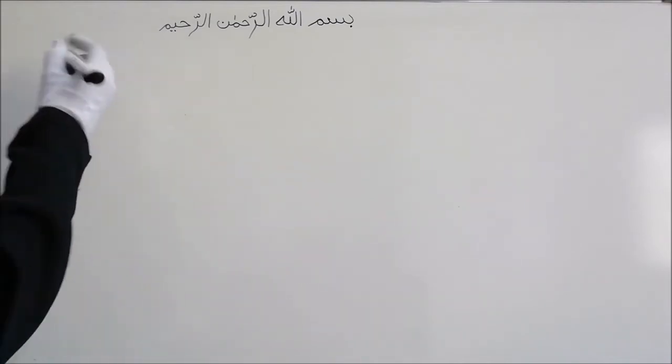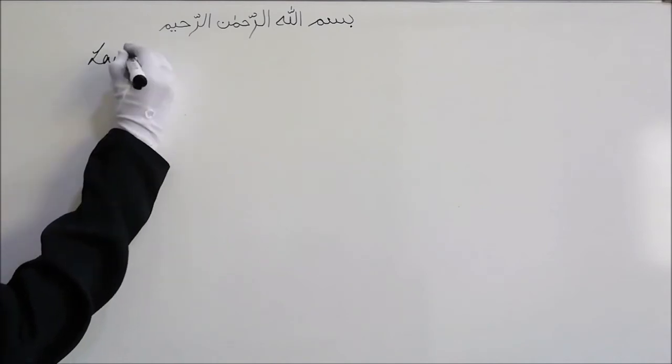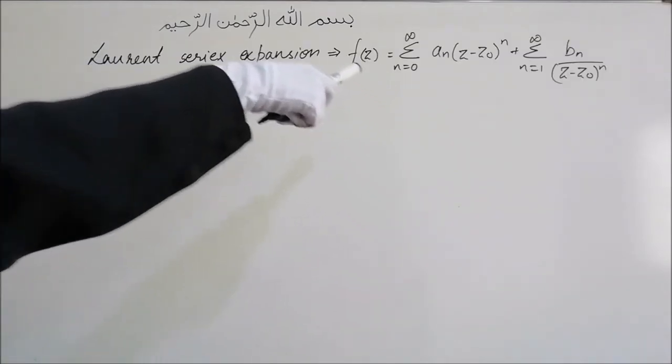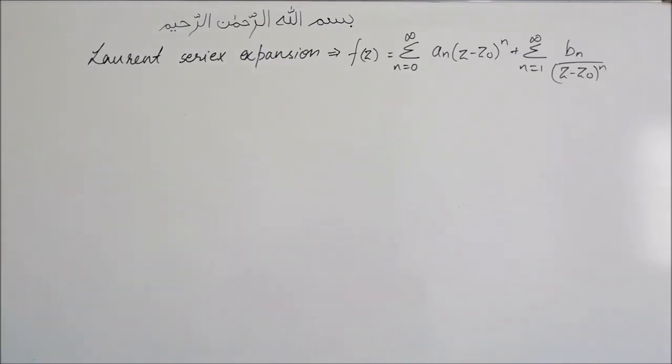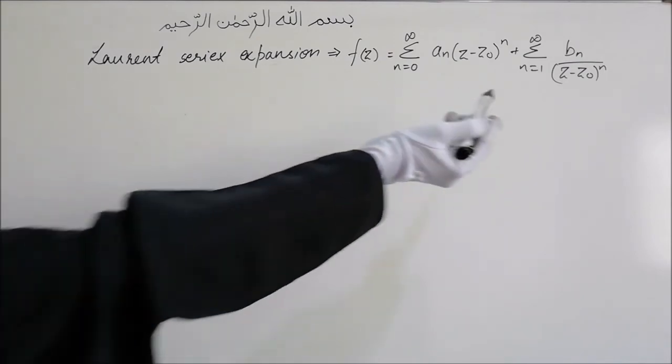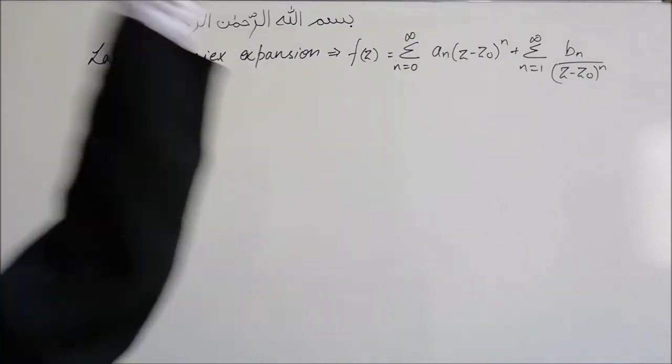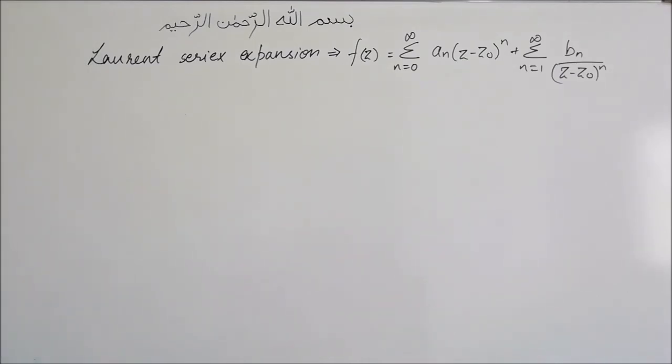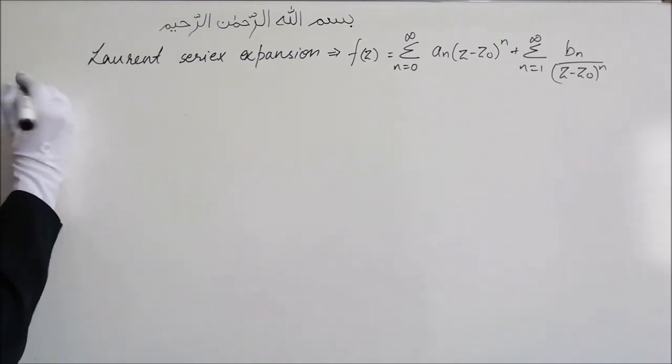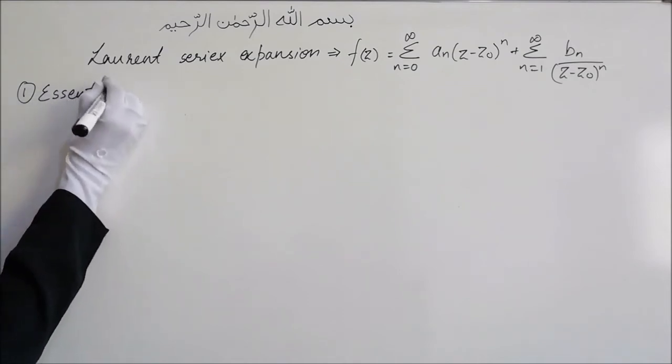Now consider the Laurent series expansion of f of z. f of z is summation n equals to 0 to infinity a n into z minus z0 the whole power n, plus summation n equals to 1 to infinity b n upon z minus z0 the whole raised to n. And we also know that this second term is called as the principal part of the Laurent series expansion. Now we are having first essential singular points.